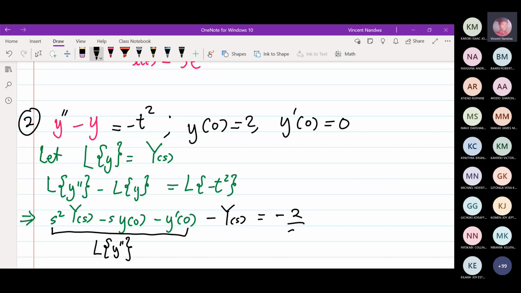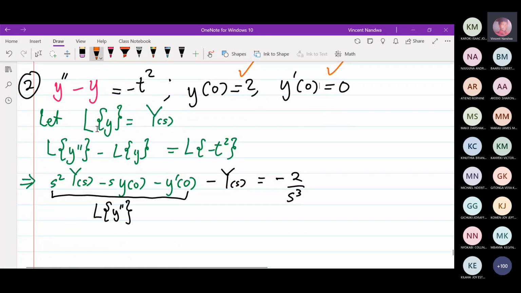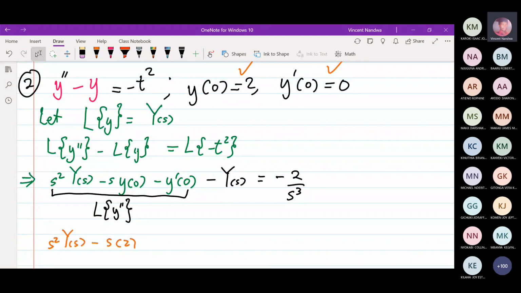The values of the function at 0 and the derivative at 0 are given. So we replace: s squared Y of s minus s times 2 minus the first derivative at 0, which is 0, minus Y of s equals minus 2 over s cubed.